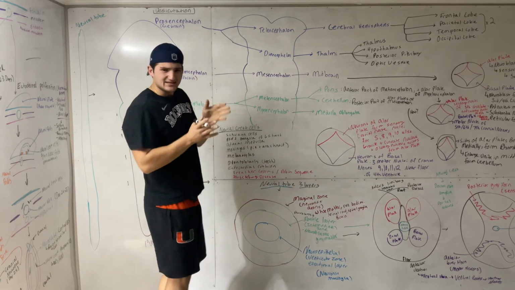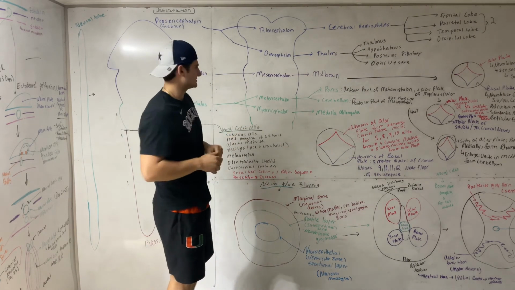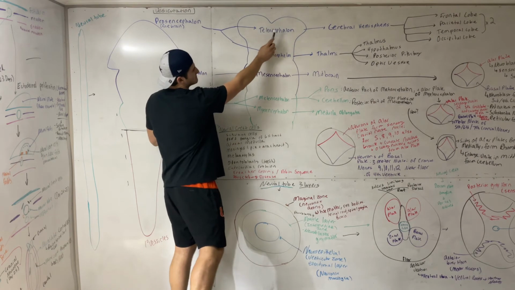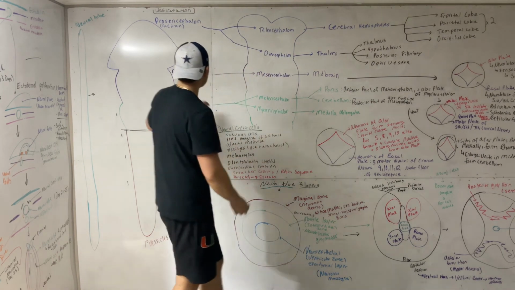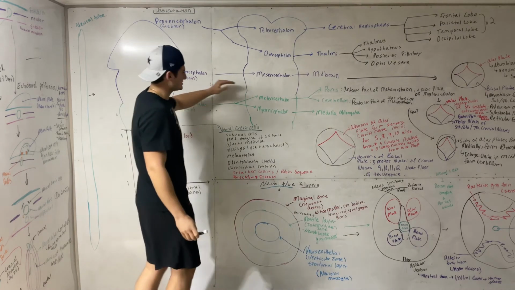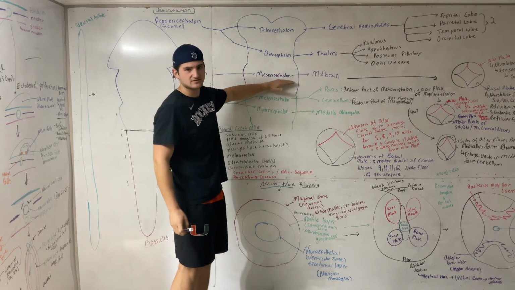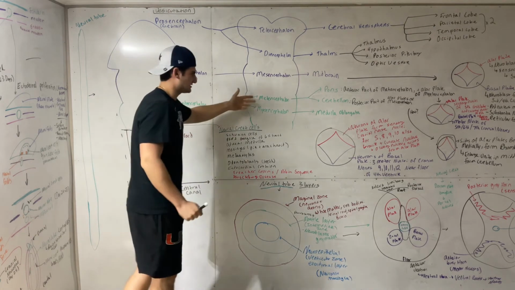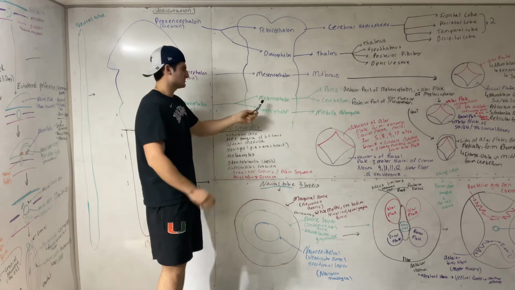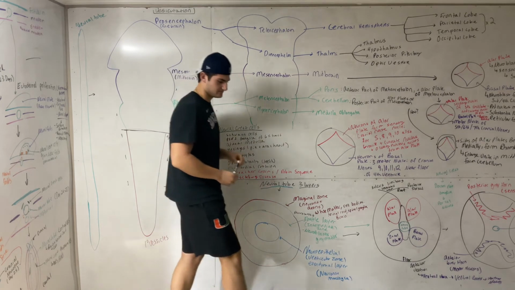The prosencephalon, right? It's then going to differentiate into two different regions. I know it sucks, but it's going to differentiate into the telencephalon and the diencephalon. Okay. The mesencephalon, thankfully, is going to stay the same. It's going to be the mesencephalon as well. The rhombencephalon is going to differentiate into two things too: the metencephalon and the myelencephalon.